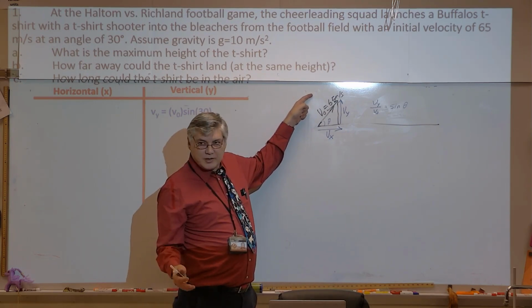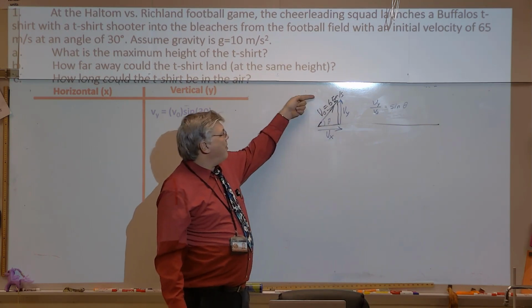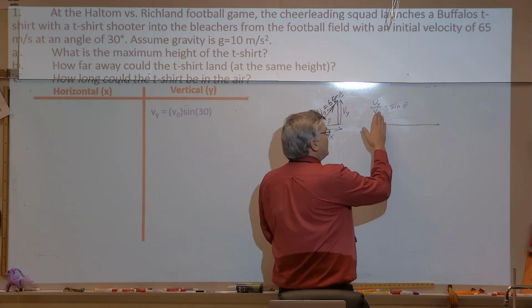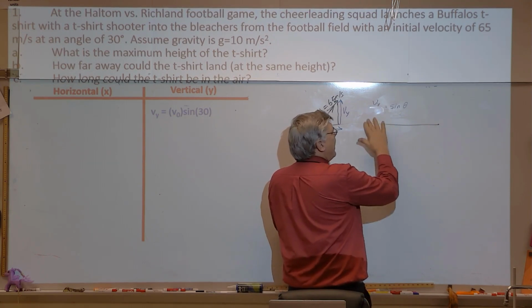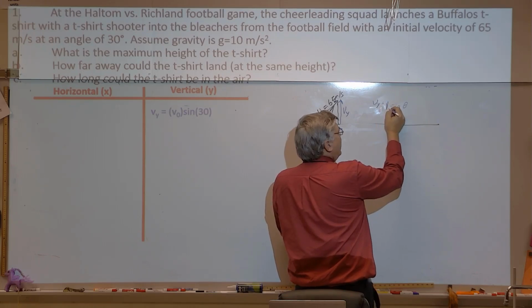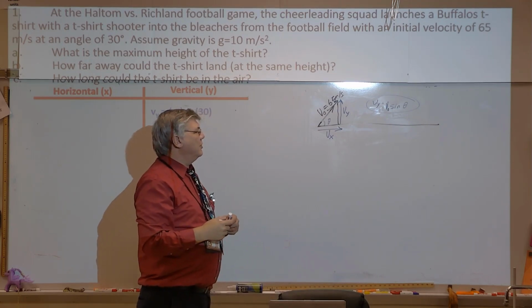Because opposite over hypotenuse, right? You guys remember that SOHCAHTOA thing you learned? Opposite over hypotenuse is the sine of this angle. So if I multiply both sides by V0, I end up with Vy equals V0 times the sine of the angle.